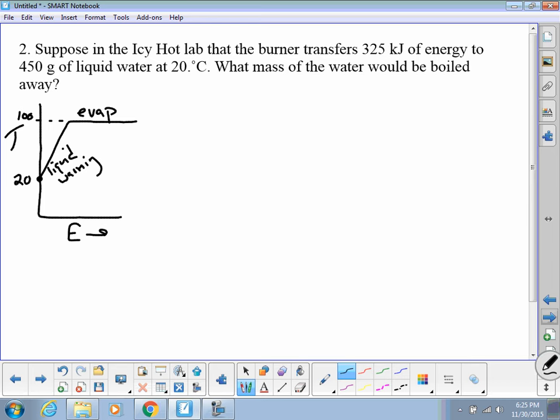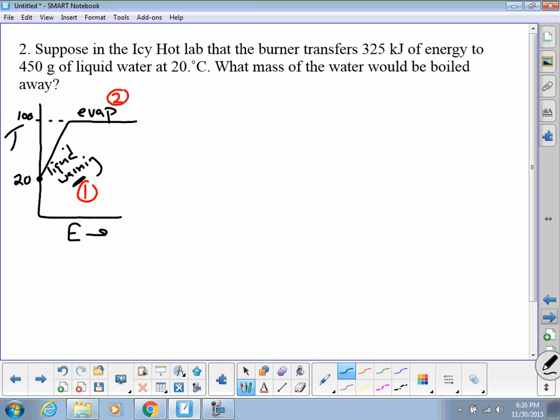Well, not all of the water is likely to evaporate because some of the energy is going to get used up in this first step. The warming is going to use up some energy. So only some of the energy is going to be left in step 2 to figure out the mass of substance that is actually going to be boiled away.